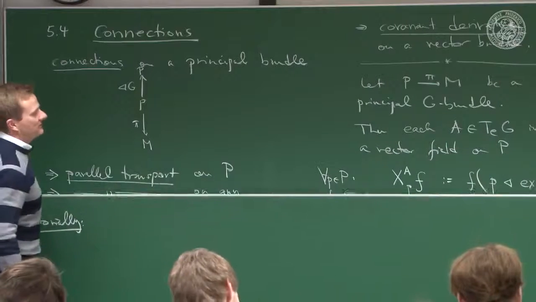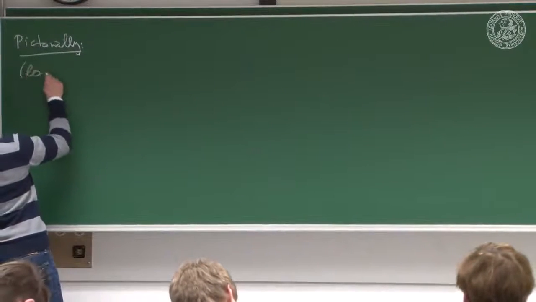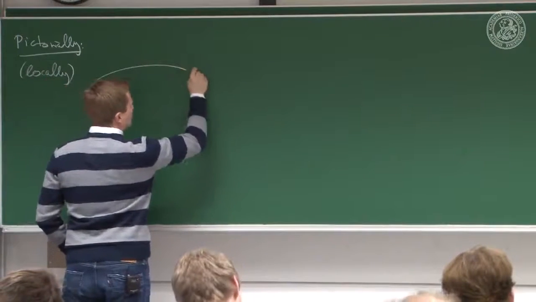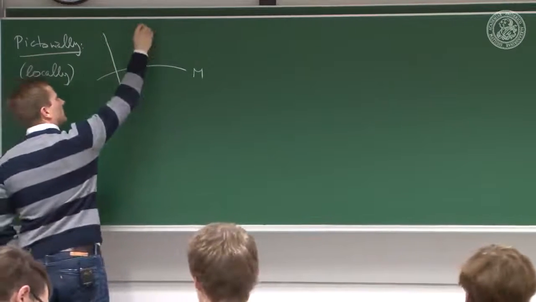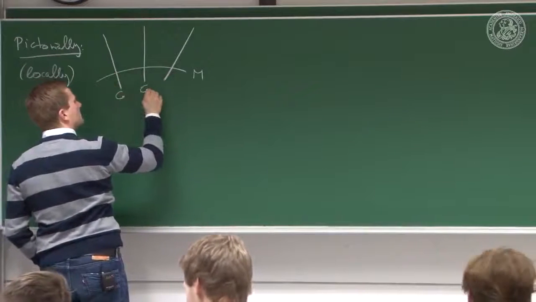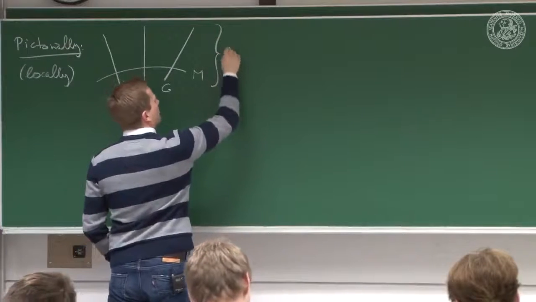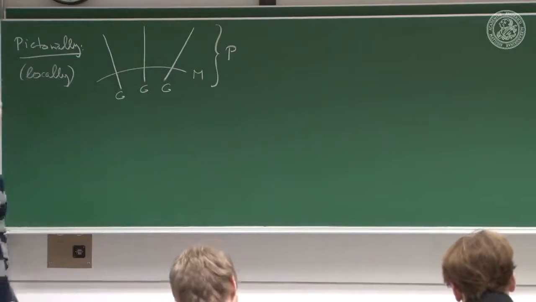If you draw a picture locally, so these pictures usually only work locally, there's a piece of the base manifold, and our principal bundle consists of attached fibers of the group at each point, right? So a principal bundle locally looks like this.